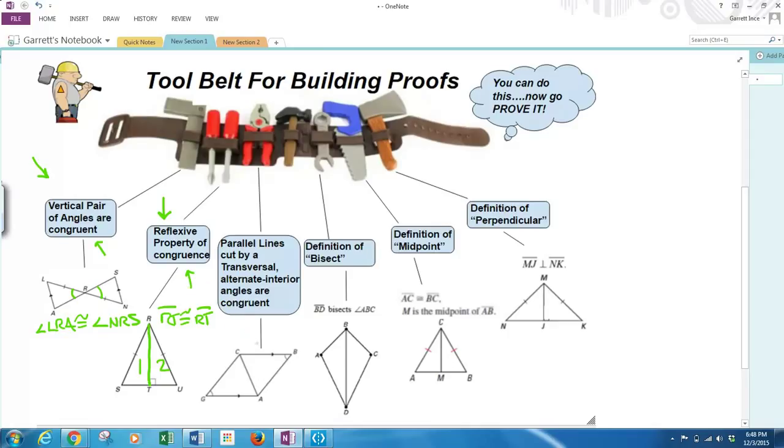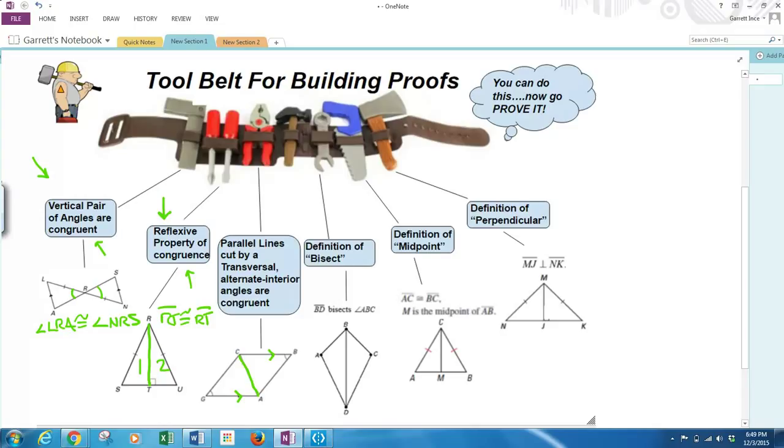Next, if you ever have a picture where you see these small arrows on a couple of the lines or sides, remember that means that those sides or lines are parallel. A little bell should be going off in your head that with parallel lines, if they end up being cut by a transversal, meaning a side or line that goes through those parallel lines at two unique spots, there are different angle pairs that are formed, some of which are congruent.